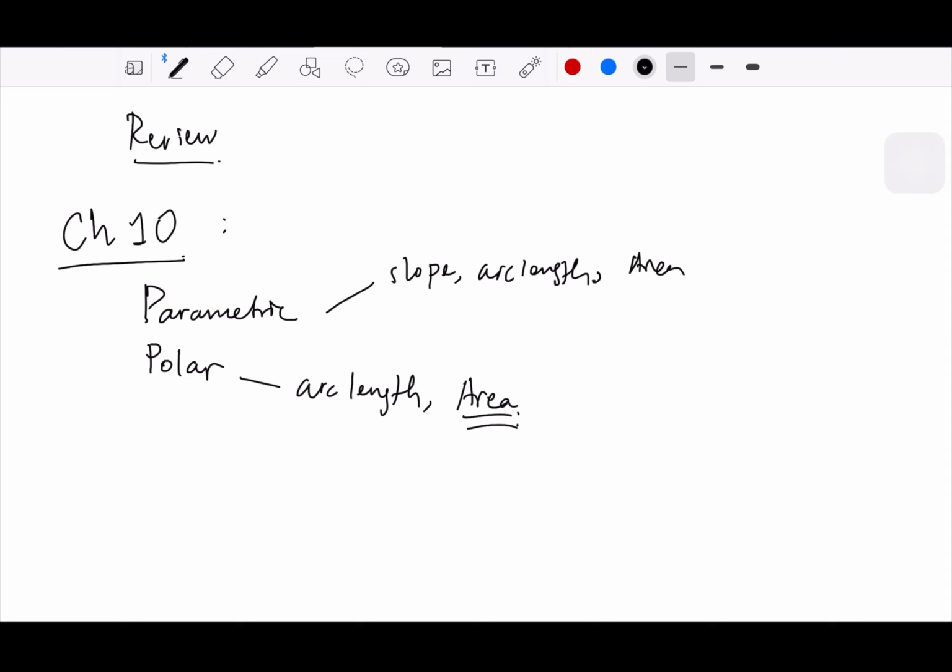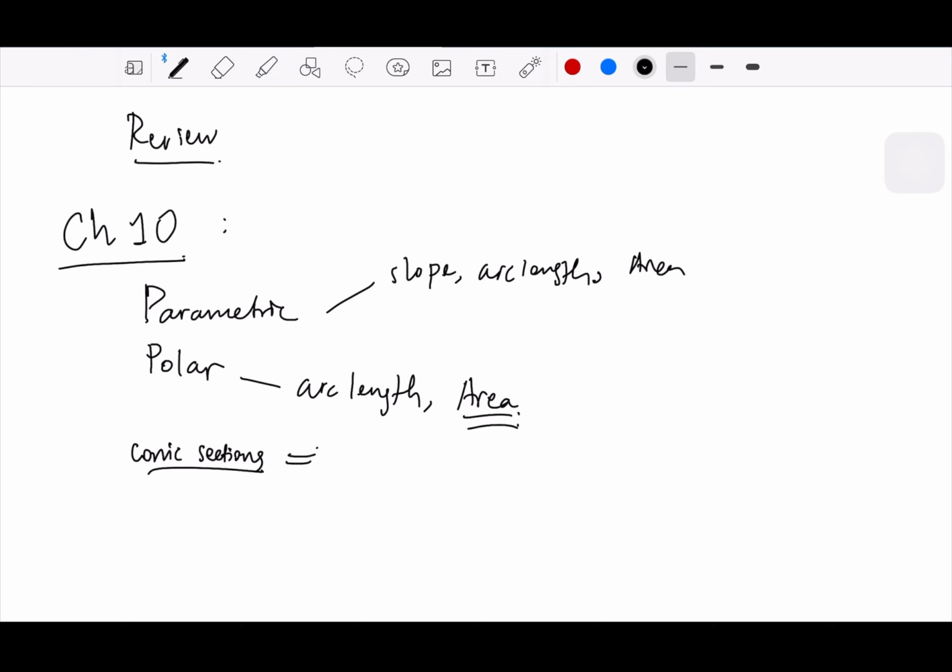And then still in chapter 10, we have the conic sections also. For conic sections, this is just the basic that you need to have: differentiate between the types of conics.